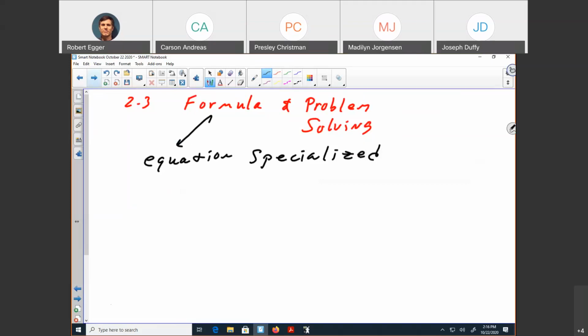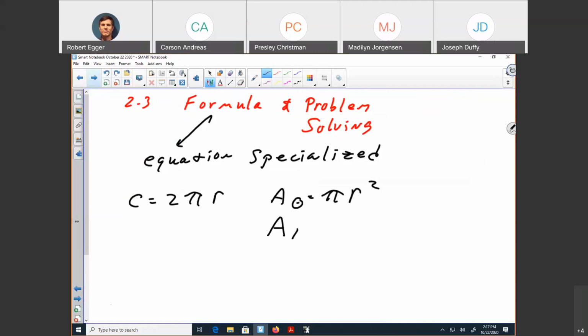We don't say what's the equation for the circumference of a circle. No, we say what's the formula for the circumference of a circle. C equals 2 pi r. What's the area of a circle? The formula: the area of a circle is pi r squared. What's the formula for the area of a triangle?